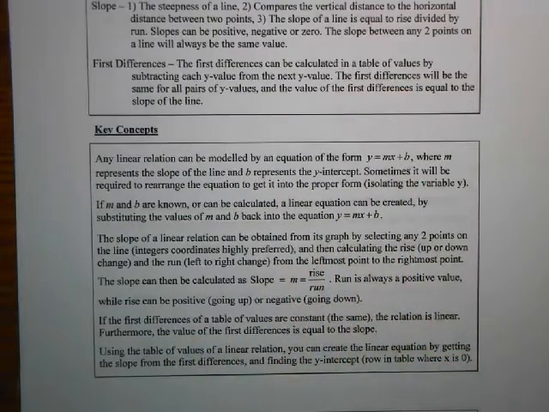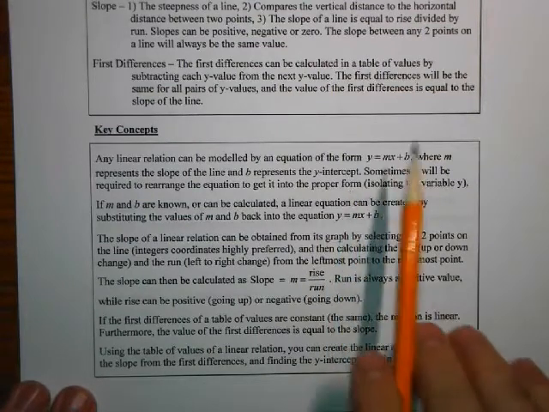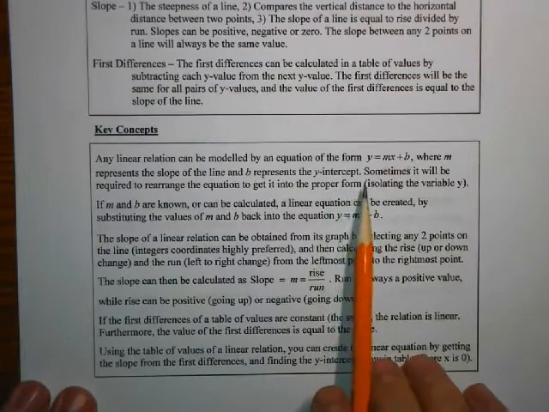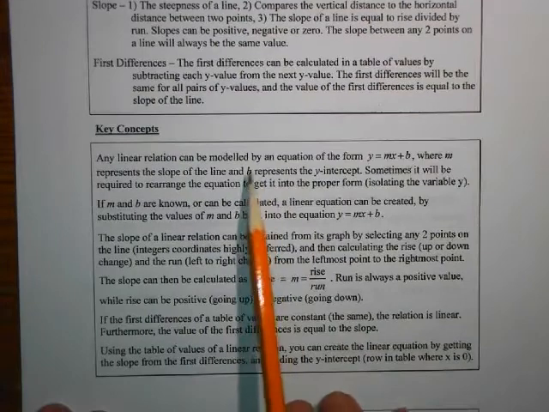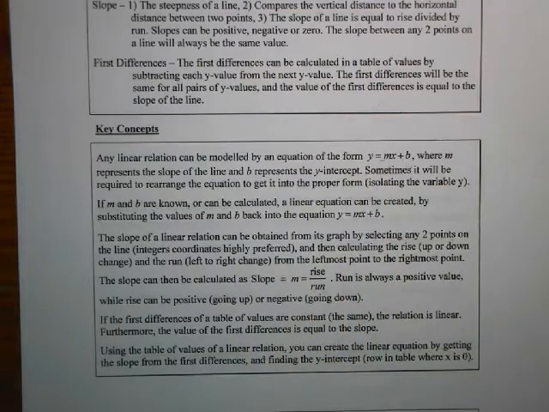Okay. Now we're not always given the equation in that nice form y equals. It might be a little rearranged, so our job sometimes will be to rearrange the equation so that it looks like this, and then we can figure out what the slope and the y-intercept are.